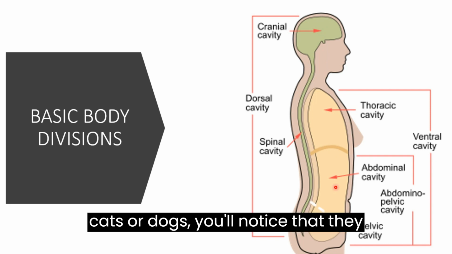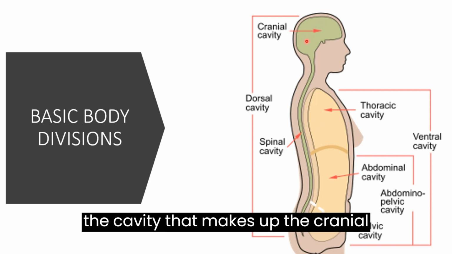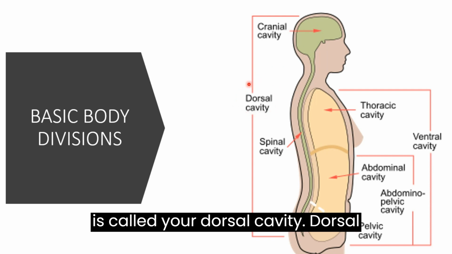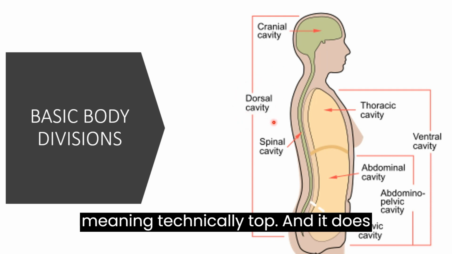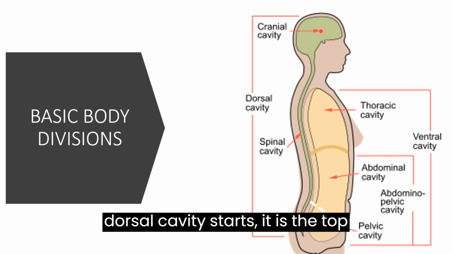If you look at cats or dogs, you'll notice that they have that structure. So the cavity that makes up the cranial cavity and the spinal cavity together is called your dorsal cavity. Dorsal meaning technically top, and it does work because if you look at where the dorsal cavity starts, it is the top.